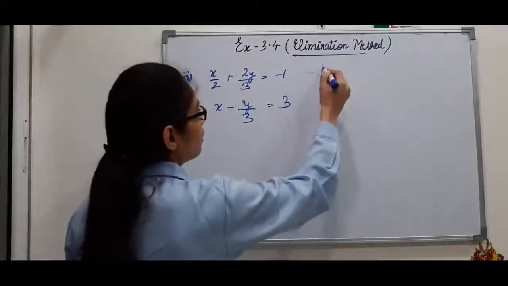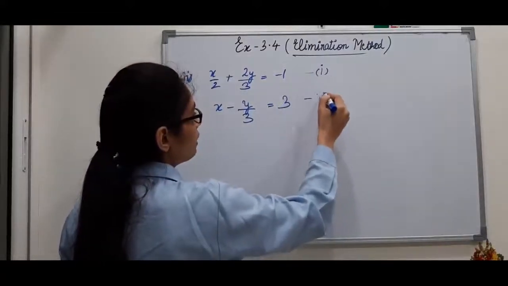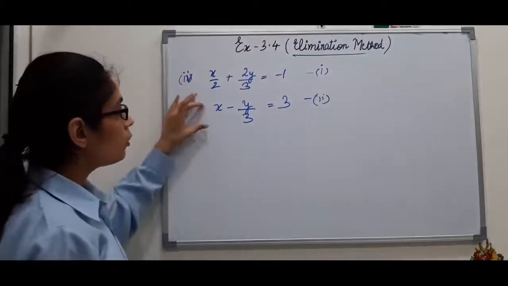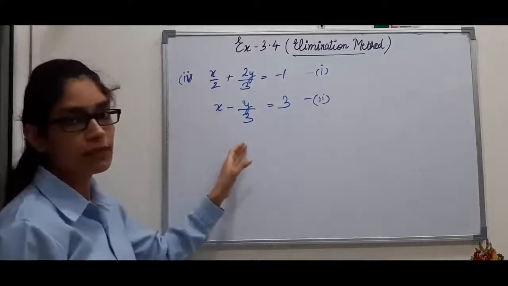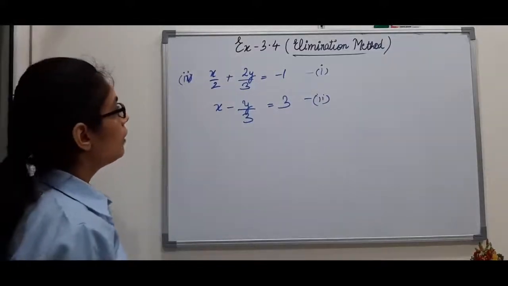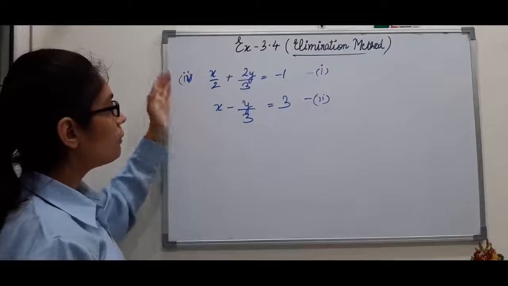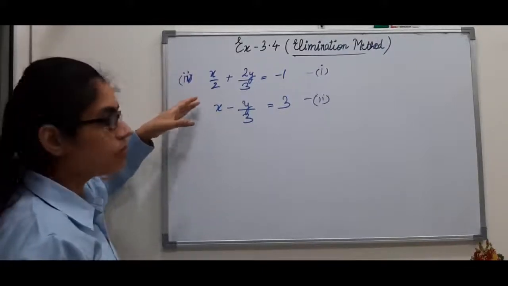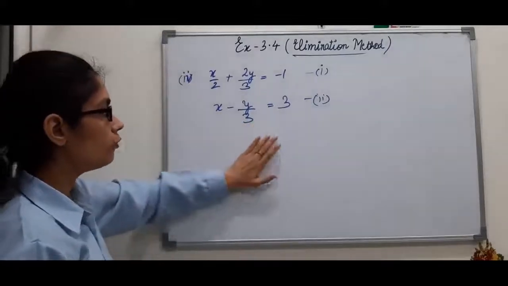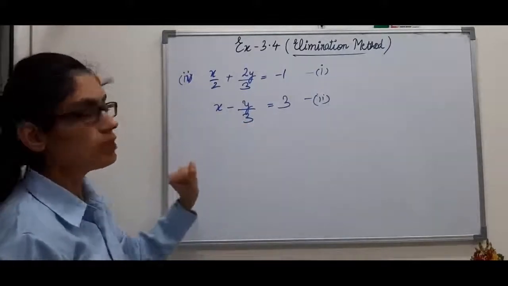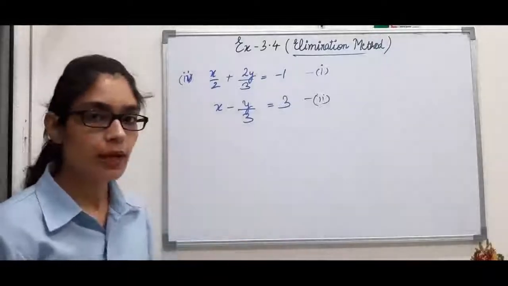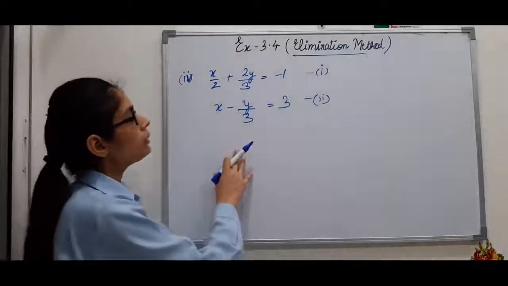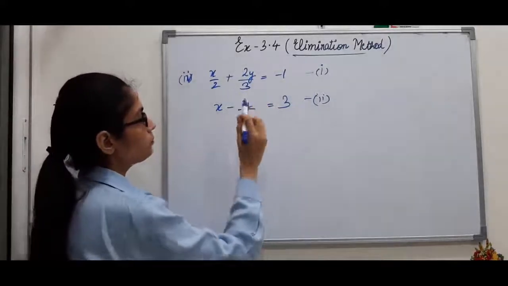So I will take these as my first and second equations, and then I will make the coefficient of one of the variables equal. I have to observe how I should make things equal. Here I can make the coefficient of x equal or the coefficient of y equal. I will make the coefficient of y equal, but you should also try making the coefficient of x equal. So how can we make the coefficient of y equal?